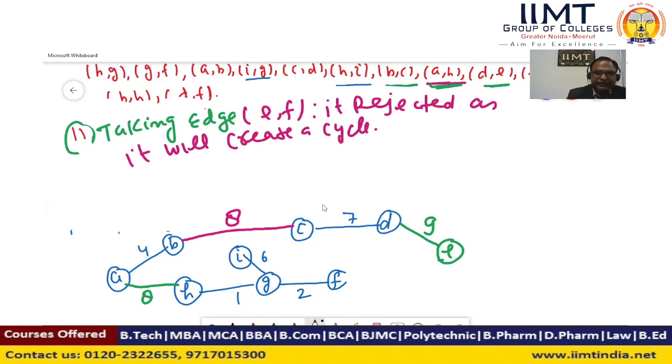So it is rejected, and the output of this step number 11 will remain the same.